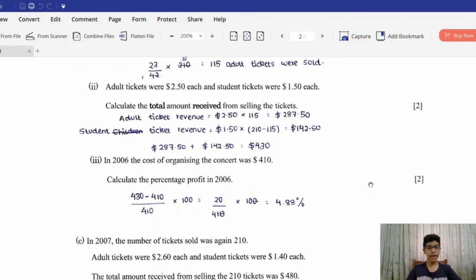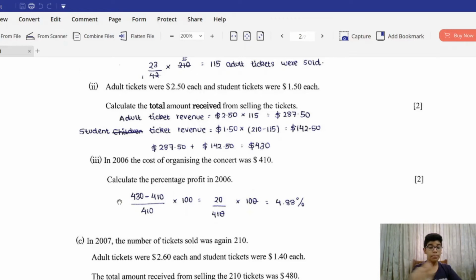Roman 3. In 2006, the cost of organizing the concert was $410. Calculate the percentage profit in 2006. So in order to calculate the percentage profit, we're going to take the total amount received, subtract the cost to get the profit. Okay? So the profit was 20, because 430 minus 410 is 20.